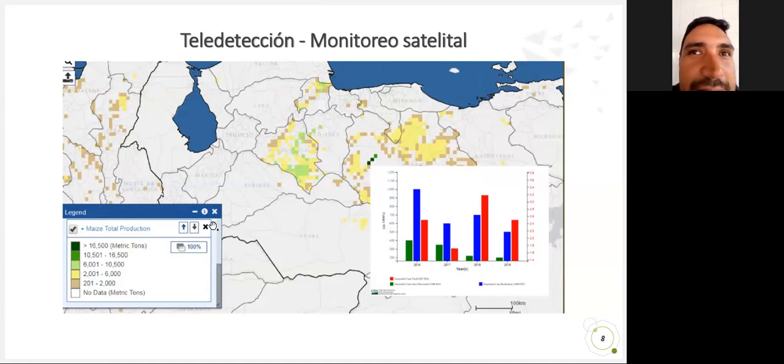Without statistics, we can see nothing. We can have predictive analysis, but this kind of tool is very important for us because we can see what happened in our crops. Next, please.